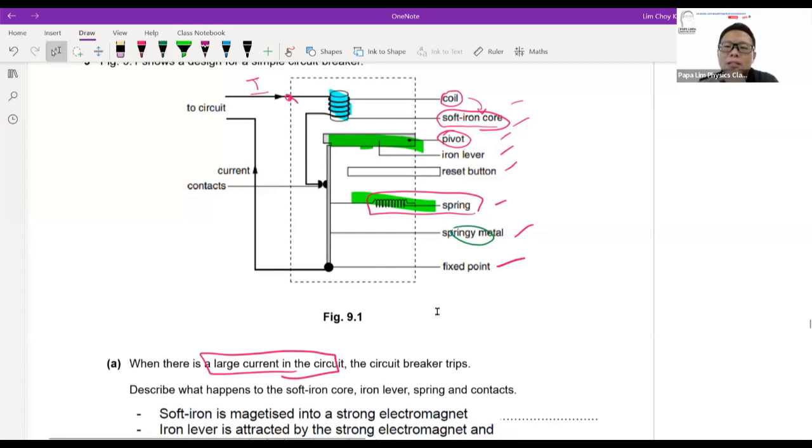Fixed point. When I use fixed point, I'm trying to tell students that it serves like a kind of pivoting, whereby there may be some rotation ongoing about this particular fixed point, which sometimes I know as a pivot.